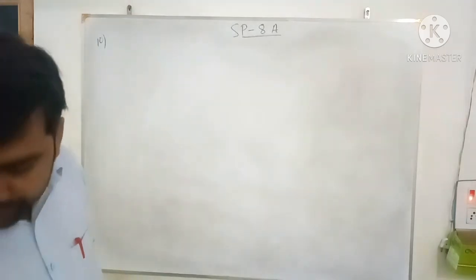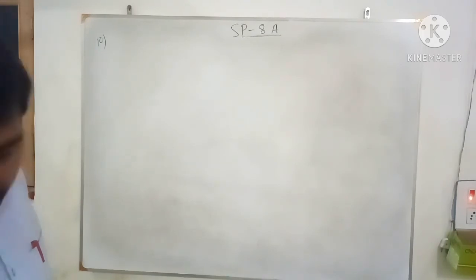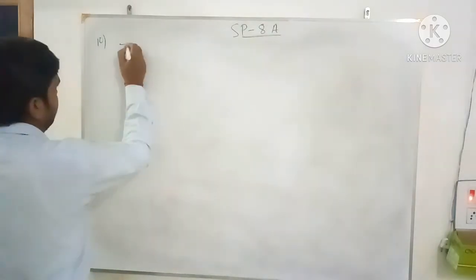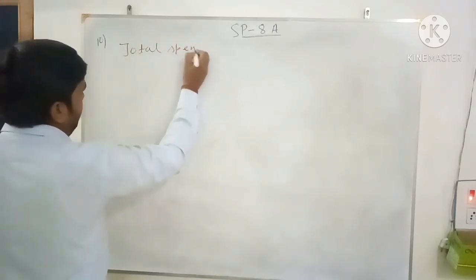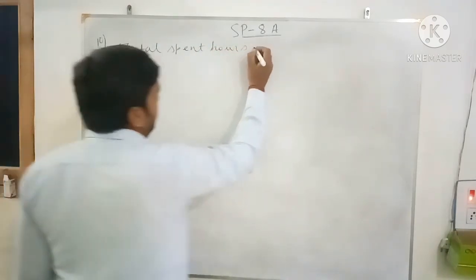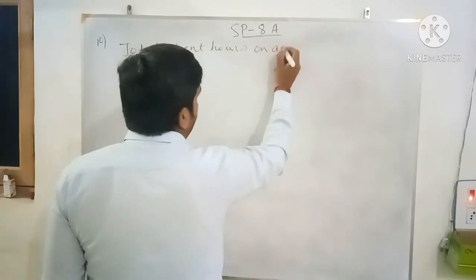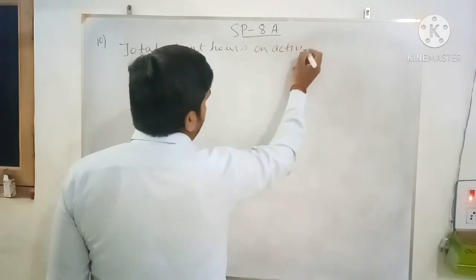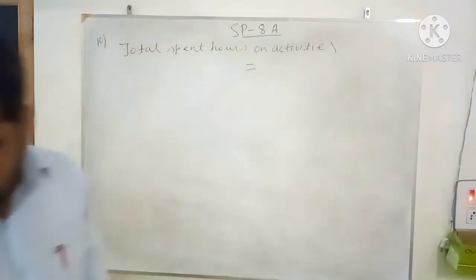So total spent hours on activities equals, add all the activities' hours.